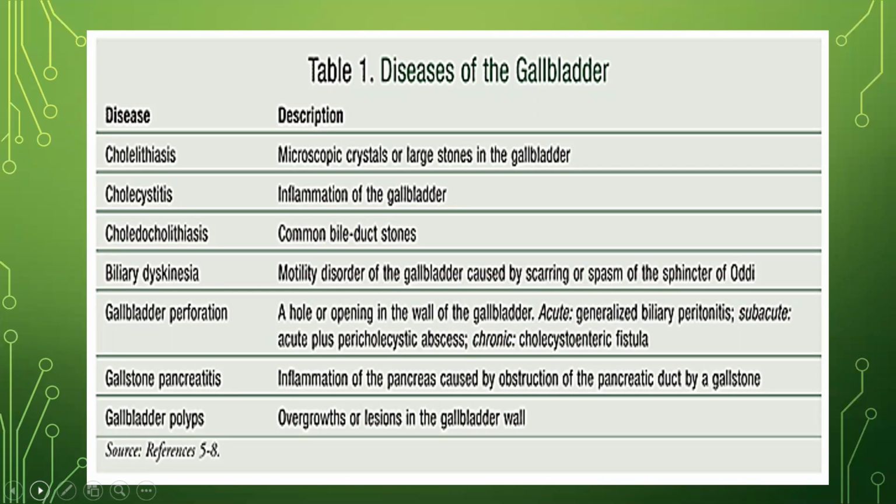If we observe the term cholelithiasis, you will see that chole represents the bile part and lithiasis represents the stone part. So chole means bile, lithiasis means stone, so stone in the bile, and the site of the bile is the gallbladder. That's one.